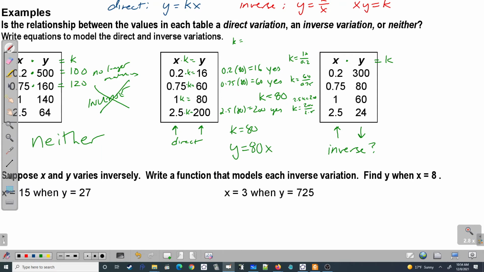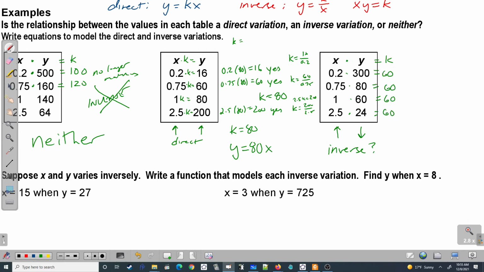Well, let's be honest, 1 times 60 is easy for us to do without a calculator. Now it's up to you to check: does 0.2 times 300 equal 60? Does 0.75 times 80 equal 60? Does 2.4 times 24 equal 60? And the answer to those questions is yes, they are.